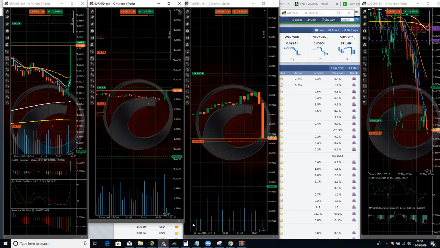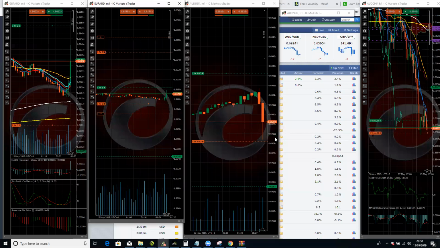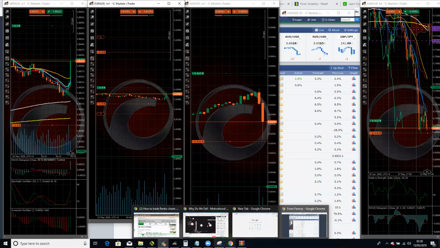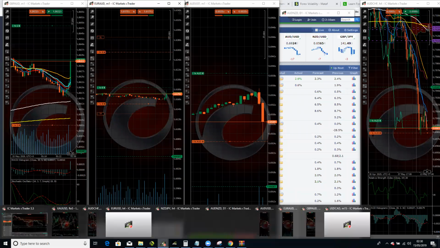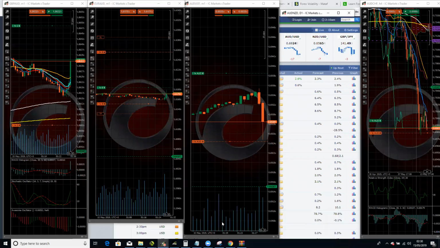I don't know, but I'm looking into it, right? And then it's turning into a spike now, so I want to be careful with that kind of a spike. I'm looking for the Aussie New Zealand chart, and it's running away from me.